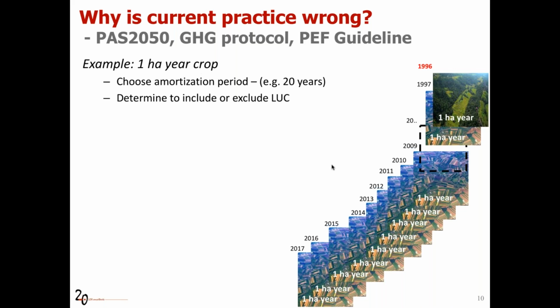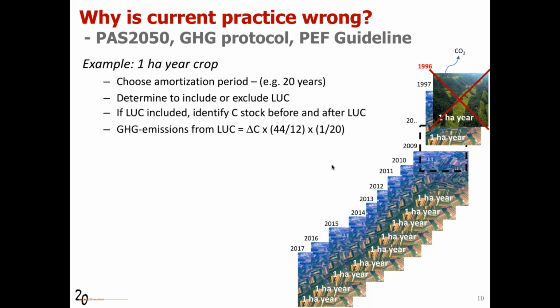However, if there was partially or completely forest in this hectare of land just the year before, there would have been emissions, just the year before the period we are considering, that are systematically excluded. On the other hand, if this forest was deforested in 1997, land use change would instead have been included. So that's currently the most common approach.